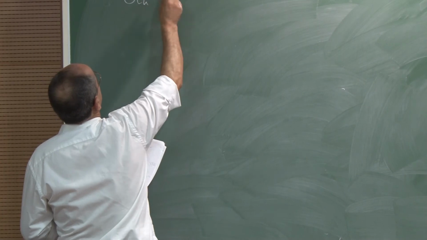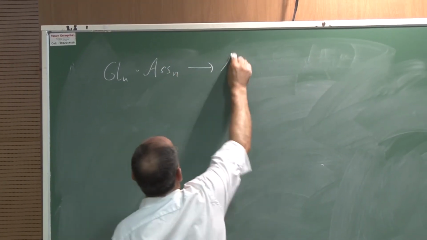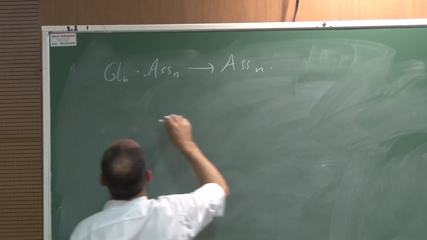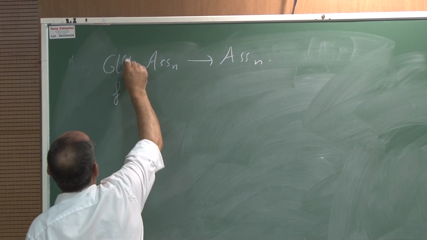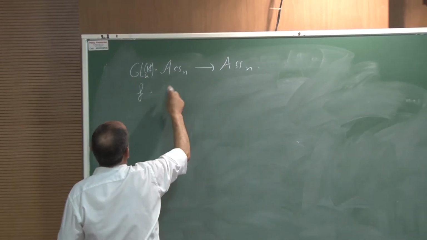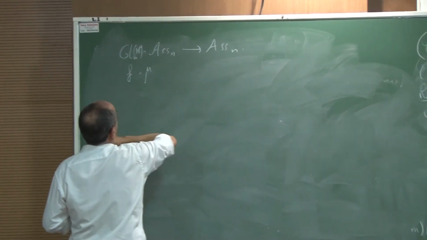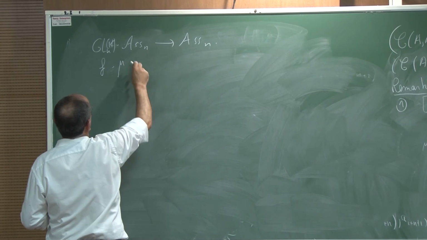GLN acts on this ASSN in the following way. Then we have F, this is in GLNK, yeah? Let's take just mu, the multiplication in this.